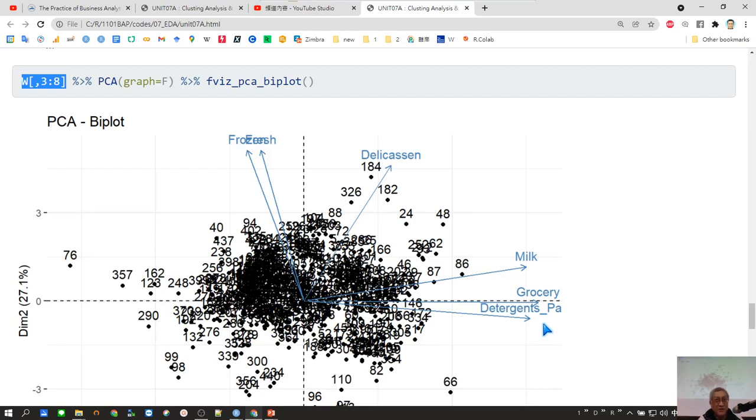There is a cost for doing dimension reduction. You will lose information. The amount of information lost depends on 2 things. The first thing is whether the original variables have high correlation.